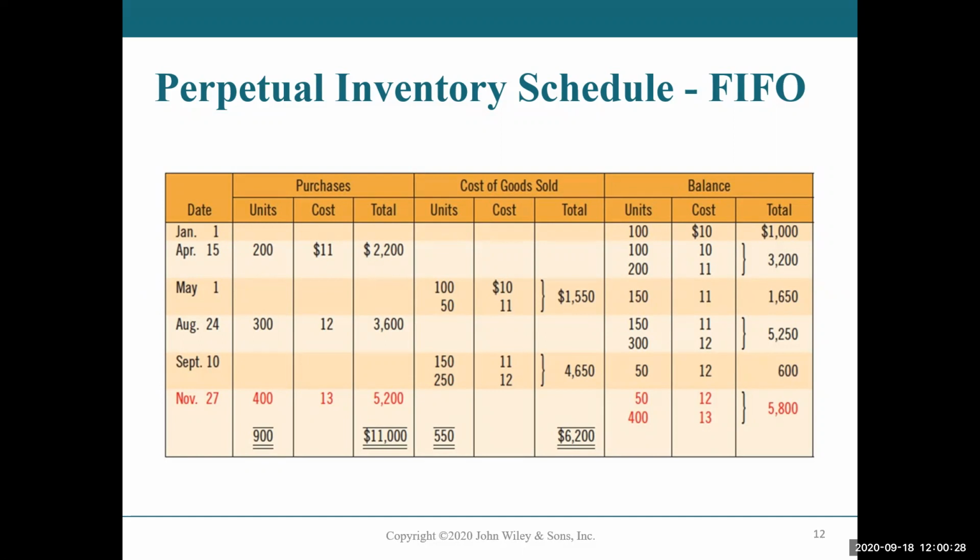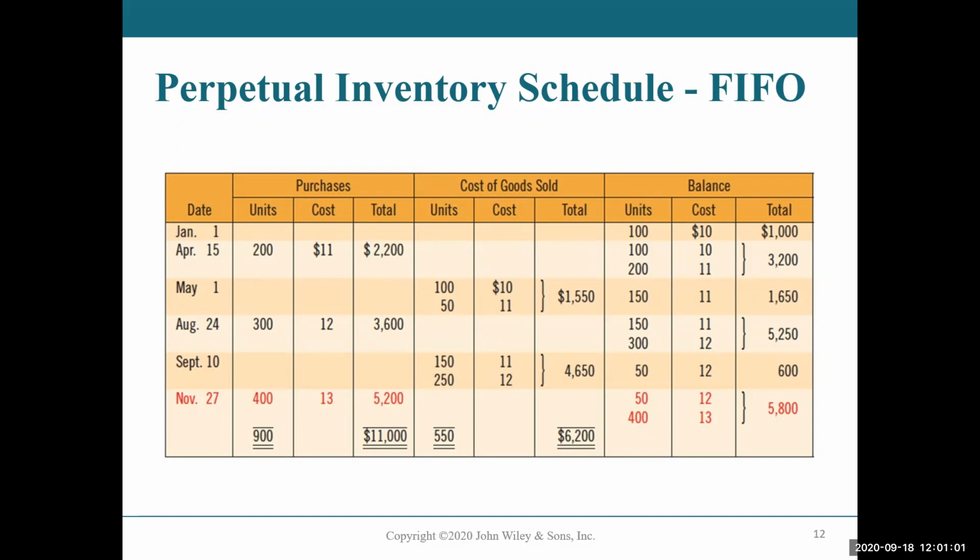Now, if you look at your purchases, we had total purchases in this period for 900 units with the total cost of $11,000. So if we had 900 units and the total cost was $11,000, then out of that we have sold 550 units. So 900 minus 550 leaves us with 350 units.